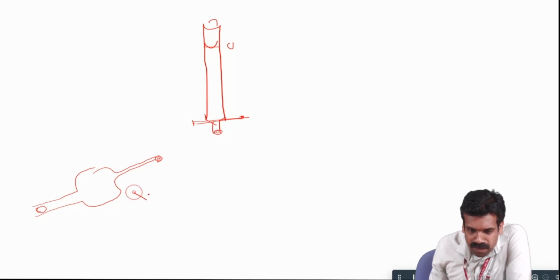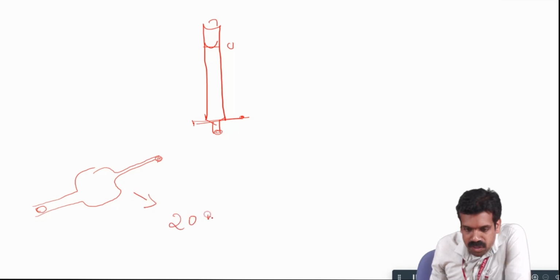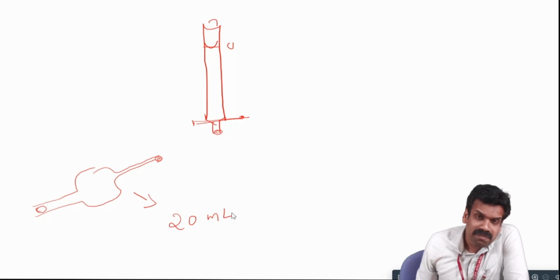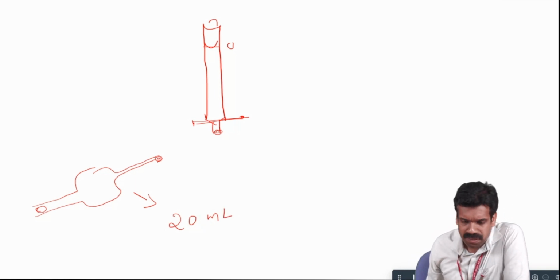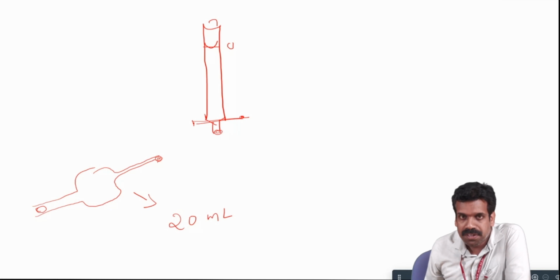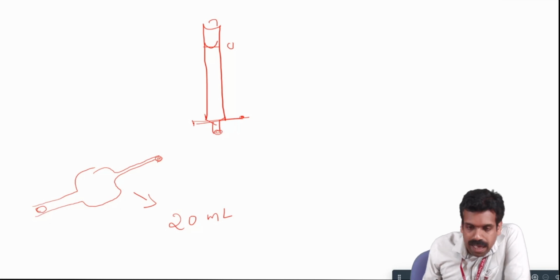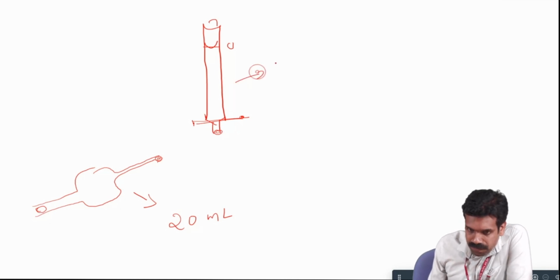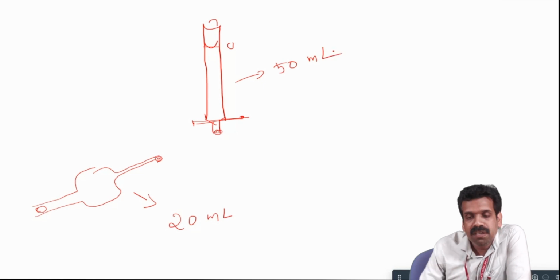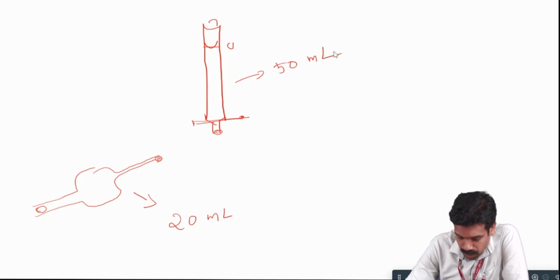The normal capacity of the pipette is 20 ml, but it doesn't mean you can always use 20 ml. You can use a 10 ml pipette also. Whatever the quantity of the pipette you have, you can go ahead with that. The standard pipette we use in our laboratories is 20 ml. And the capacity of the burette is, by the way, 50 ml, which I forgot to mention, but I hope you all know about it.